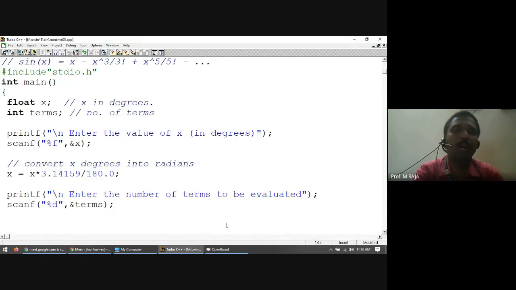So I use the variables numerator and denominator, dr, as floating point variables.